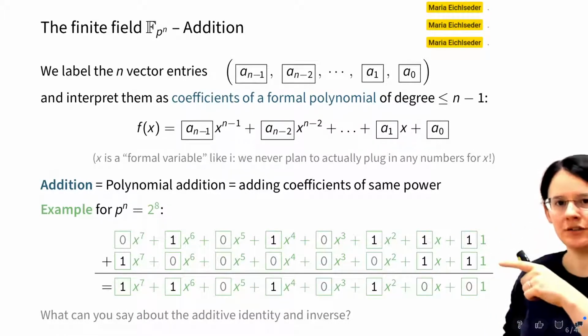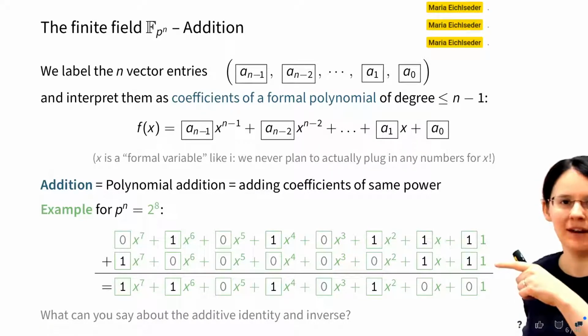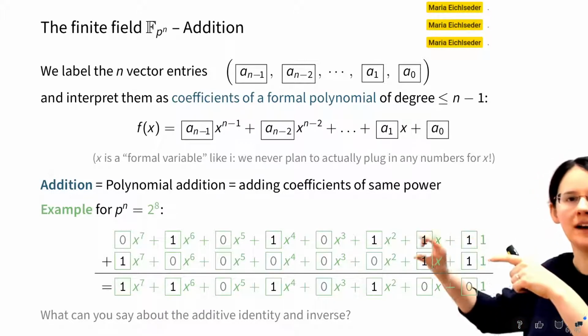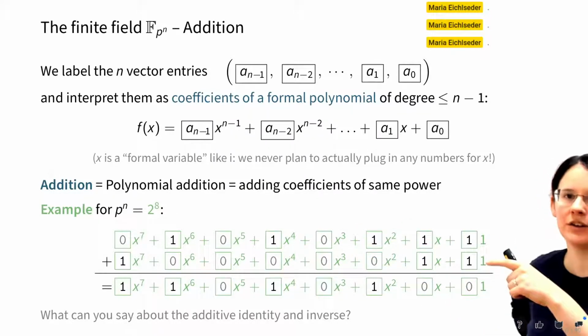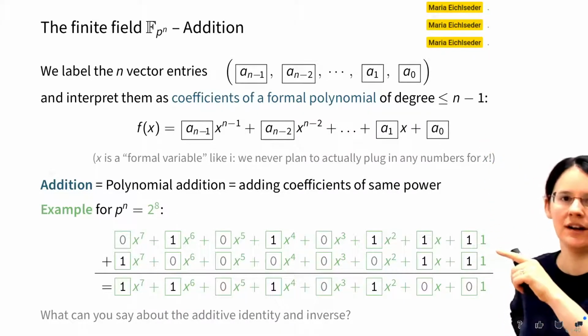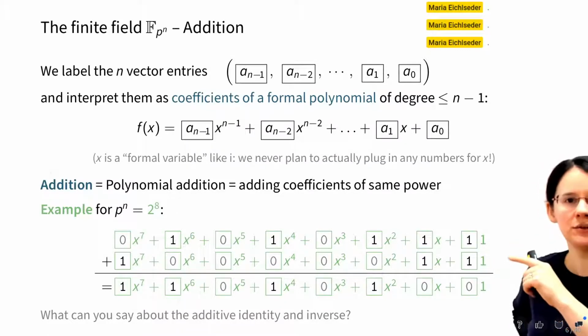And for addition, I do what I already announced earlier, namely, if I look at it in the vector way, I'm simply adding up all the vector components, so it's normal vector addition. If I look at it in terms of the polynomial interpretation I defined earlier, this amounts to the same thing.